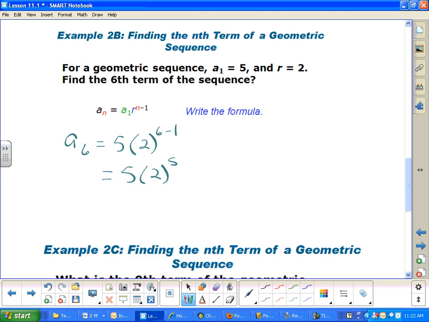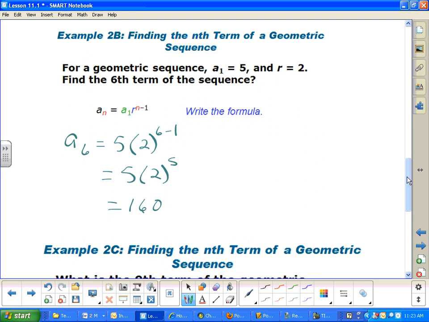So if my first number is 5, the next number is 10, and then the third number is 20, fourth number is 40, fifth number is 80, so then the sixth number would be 160. So some of them you might just be able to do in your head. So you're looking at this, Megan, do you think you did them all right then? Okay, good. I figured you would.